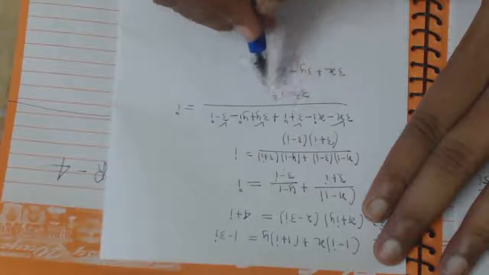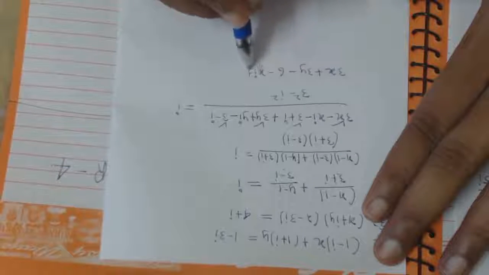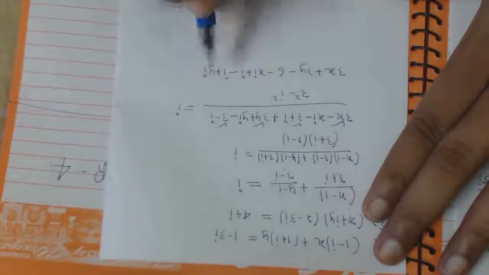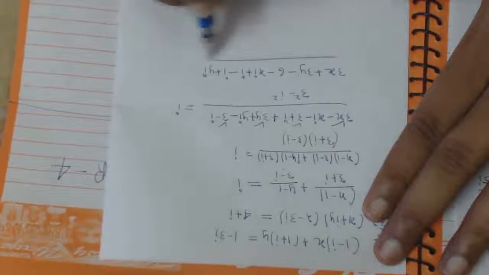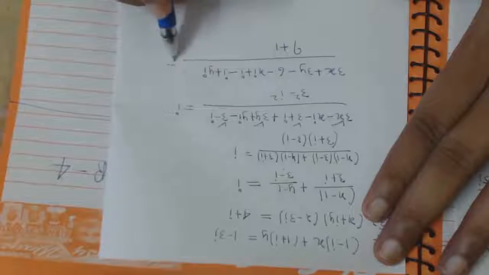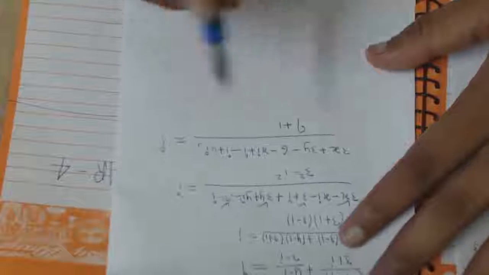Okay, this iota minus x iota plus iota minus iota y iota are the imaginary parts. 3 square is 9, iota square is minus 1, this is equal to iota.